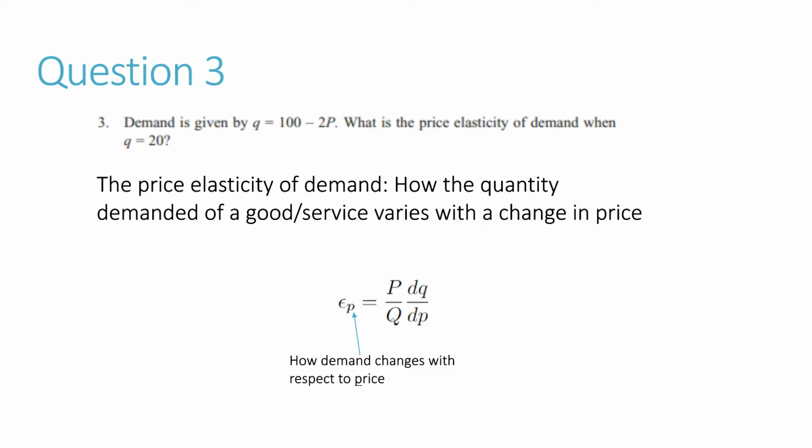So question 3, demand is given by Q is equal to 100 minus 2p. What is the price elasticity of demand when Q is equal to 20? A reminder, price elasticity of demand is how the quantity demanded varies with a change in price. As you can imagine, depending on the good, a price change may lead to different levels of change in demand.